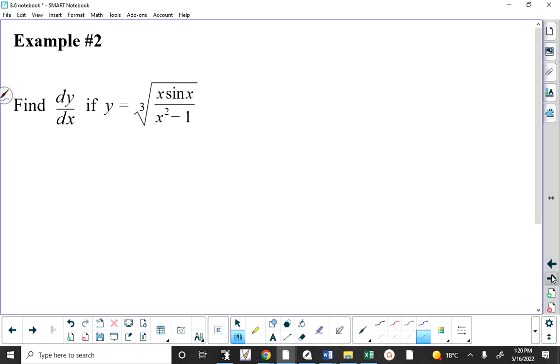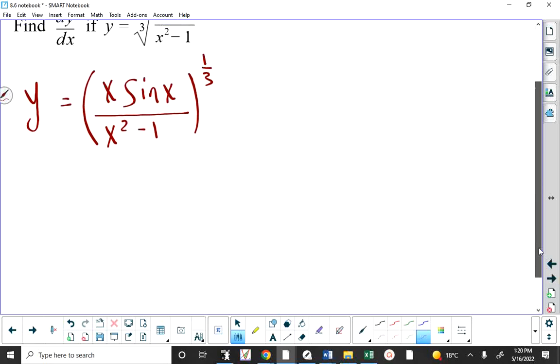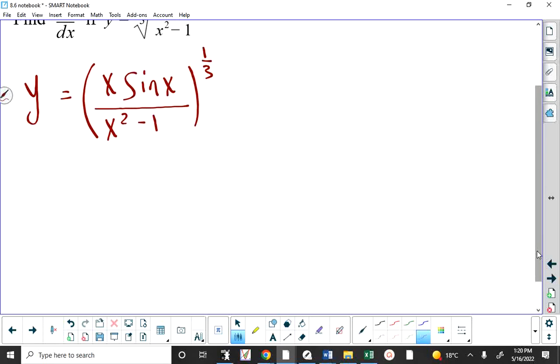So let's rewrite this. y is equal to x sine x over x squared minus 1 raised to the third. I take the natural logarithm of both sides.